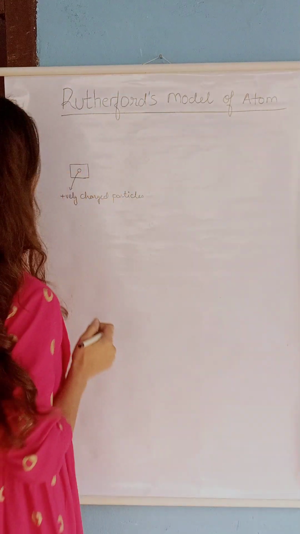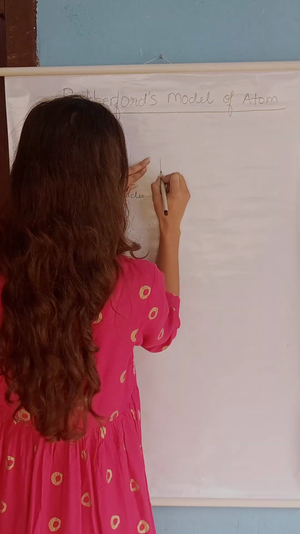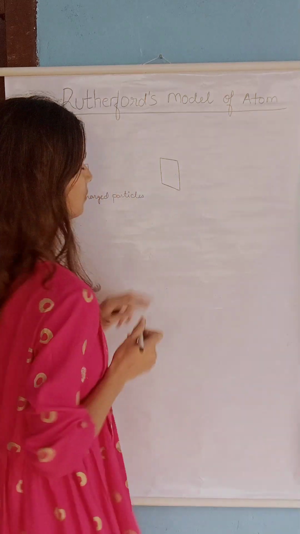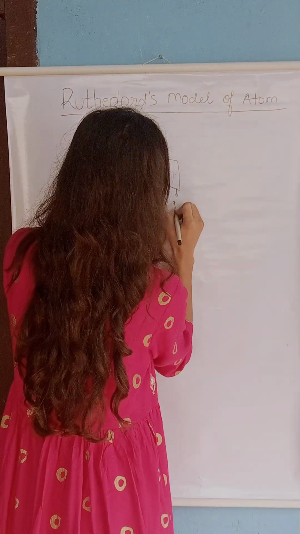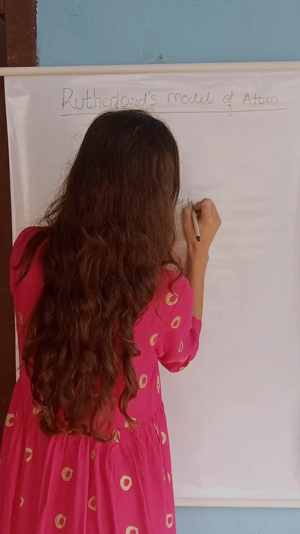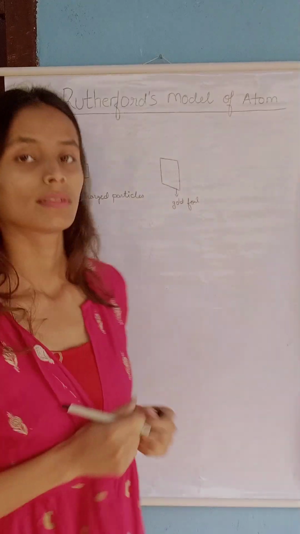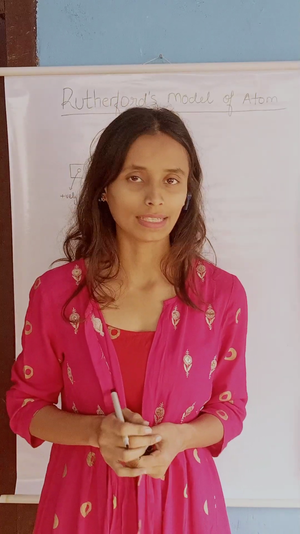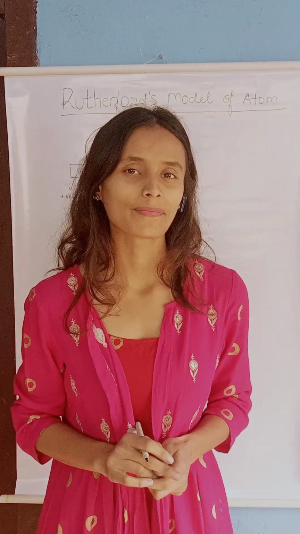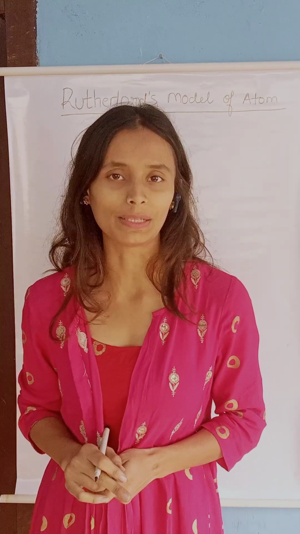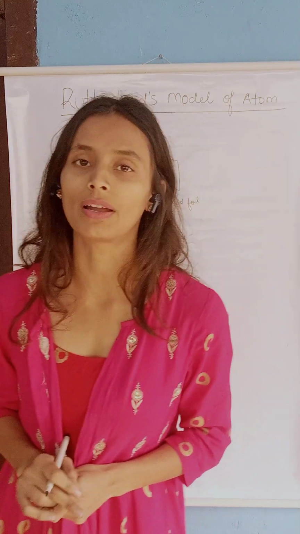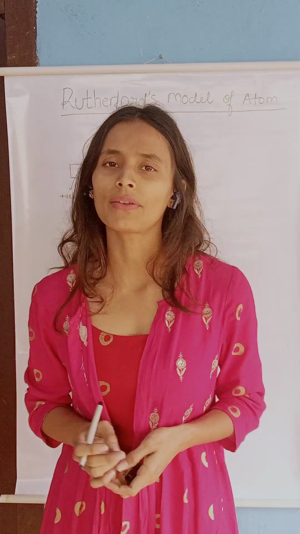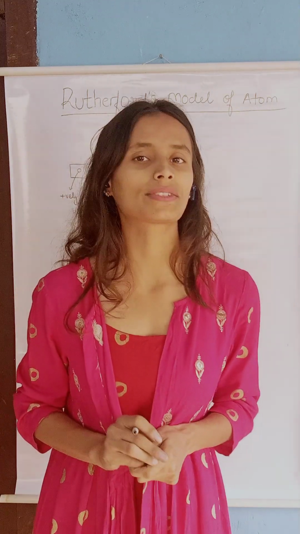After that he took a gold foil, because gold is highly malleable and can be beaten into thin sheets. A thinner sheet is more convenient for studying atoms, because there would be fewer atoms inside a very thin sheet.